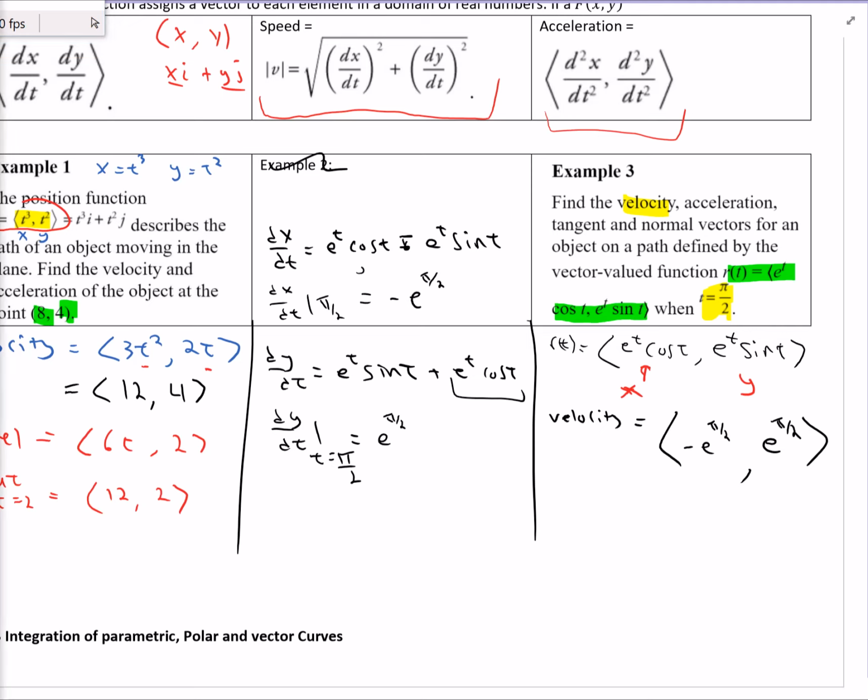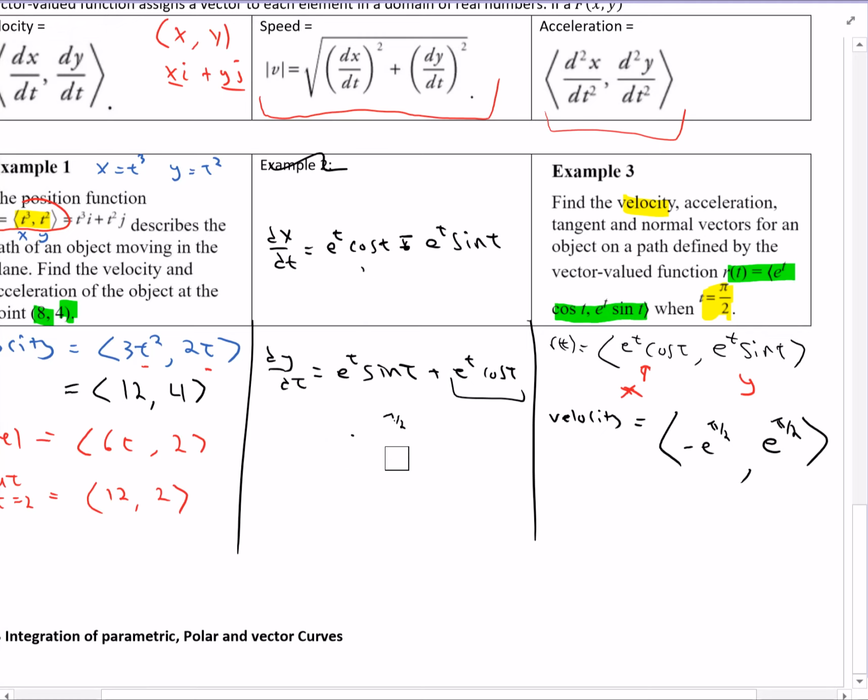So let's go back to our first derivatives, and maybe there's a way to write it so it's not quite as bad. Since they both contain e to the t, we can factor out e to the t and write cosine t minus sine t here. Same idea here, we'll write sine t plus cosine t. And then we can take the derivative from there, using product rule again.